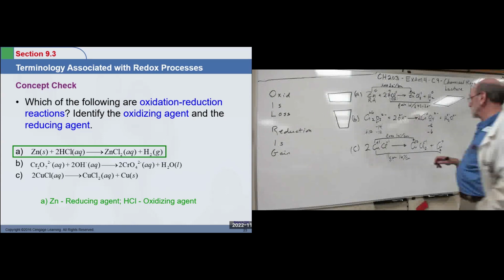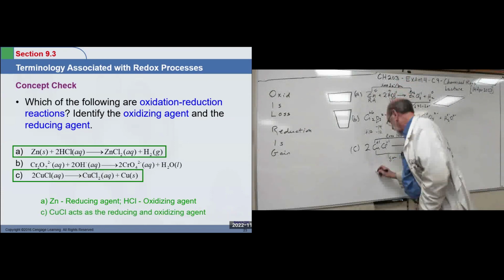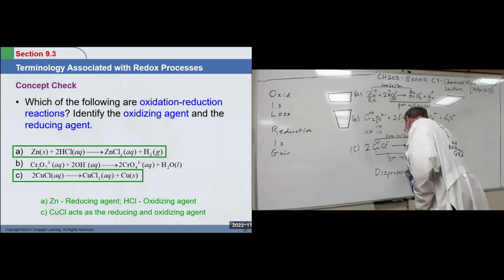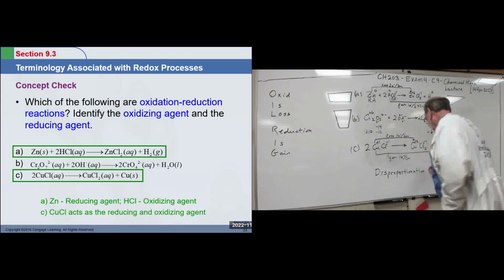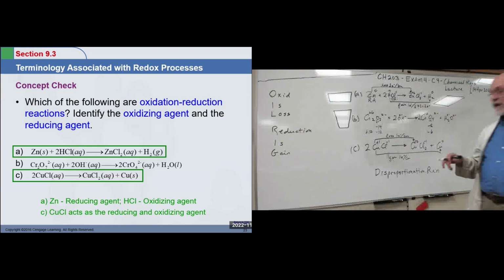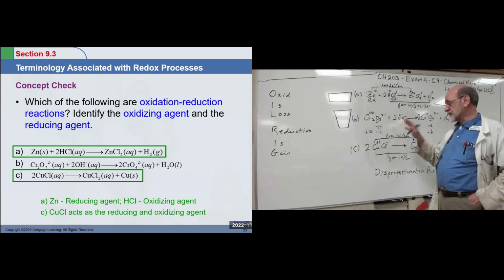I'll write it down here. This is called a disproportionation reaction. Disproportionation reaction, where, well, this is the simplest explanation.